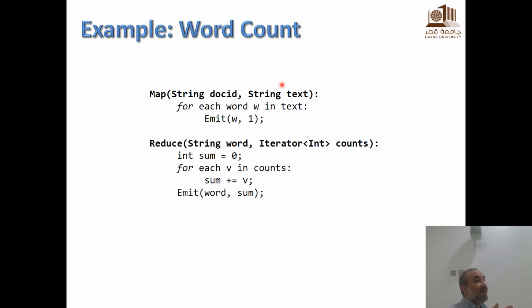It's not for every occurrence of a word, only for the unique words, we need to produce this word and one. Because that means that this word appeared in one document. Not appeared once generally, no, appeared in one document. Did you get the idea? Okay, it's clear.